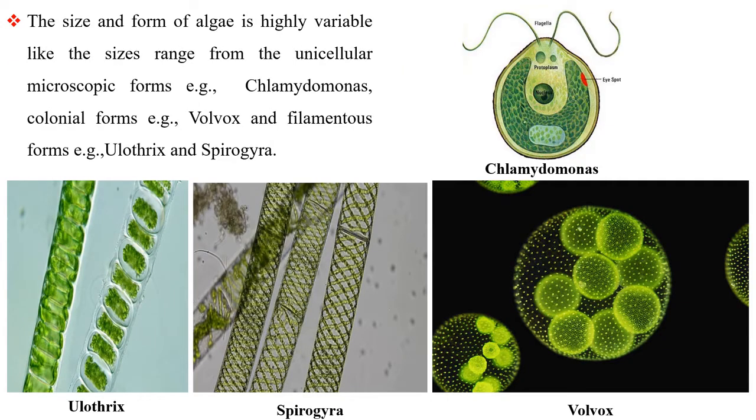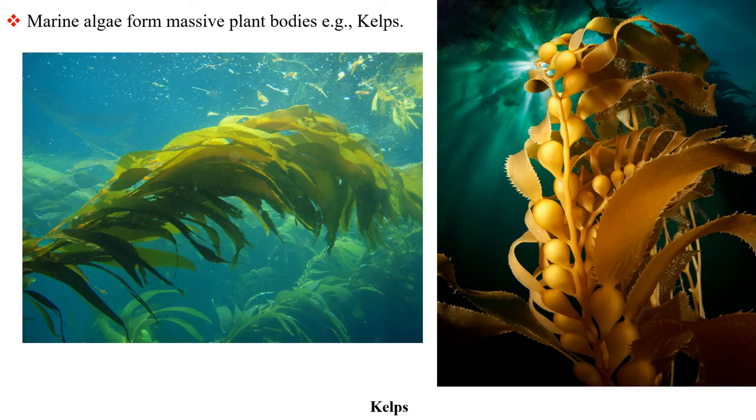The size and form of algae is highly variable, like the sizes range from the unicellular microscopic forms, example Chlamydomonas, colonial forms, example Volvox, and filamentous forms, example Ulothrix and Spirogyra. Marine algae form massive plant bodies, example kelps.